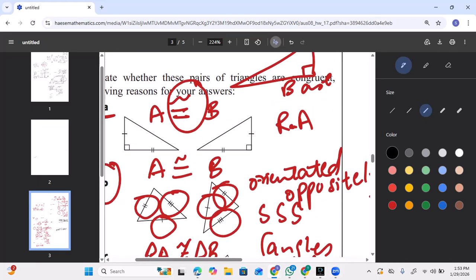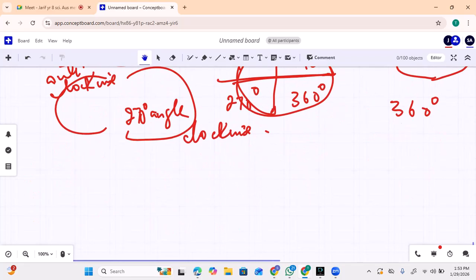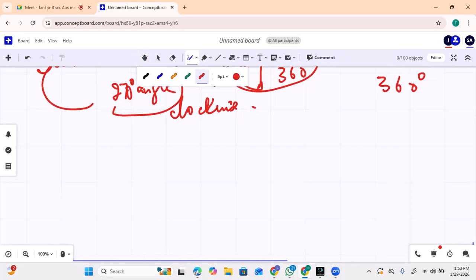So I'm just going to give you a task which you have to complete. I'm writing that down on the board. Your task for next week.